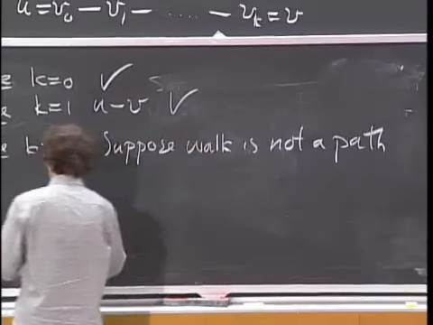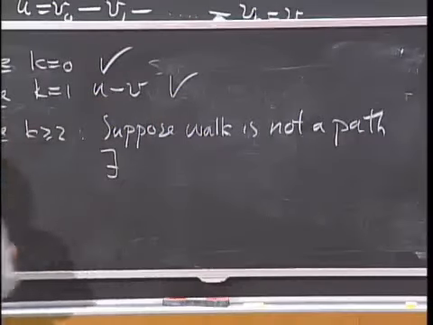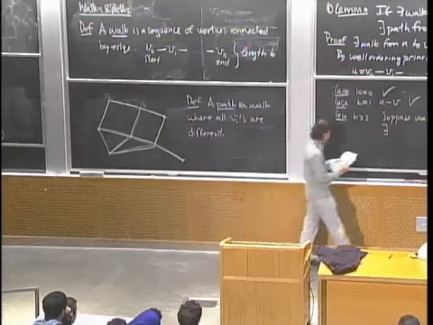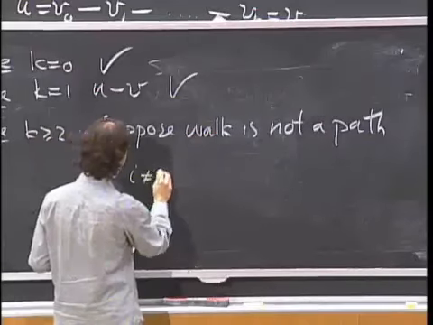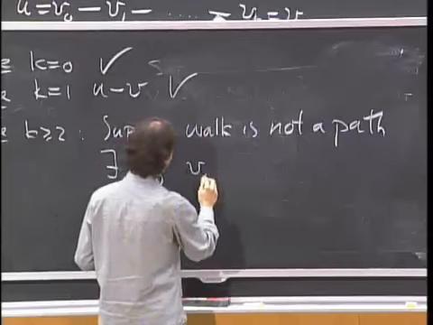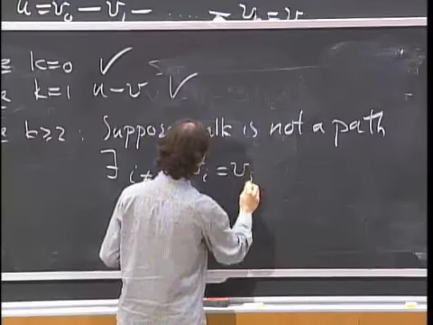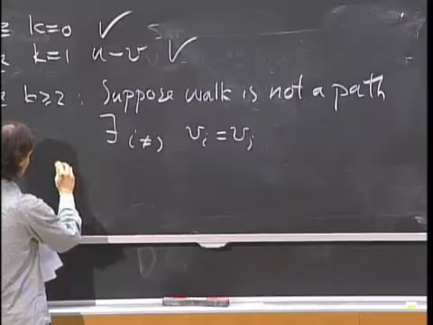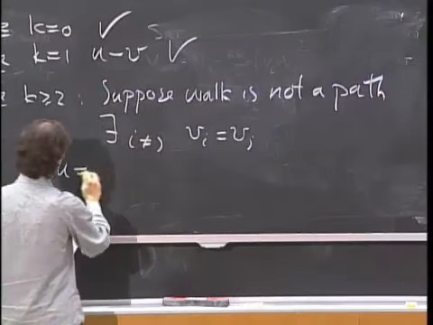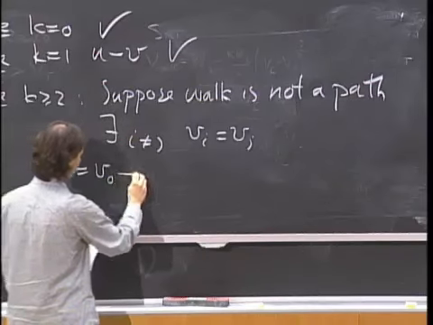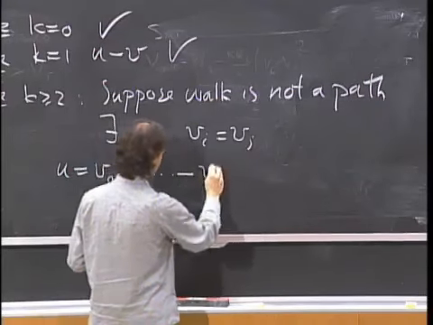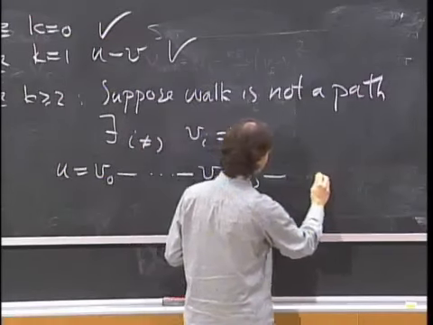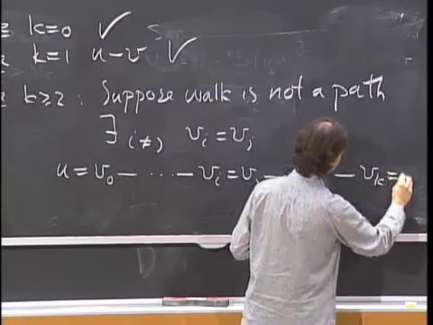If it's not a path, then we concluded that two of those vi's must be equal to one another. So there exists an i unequal to j, such that vertex vi equals vj. But now we have a walk that goes from v0 all the way to, say, vi, which is equal to vj, and then we go all the way up to vk, which is equal to v.